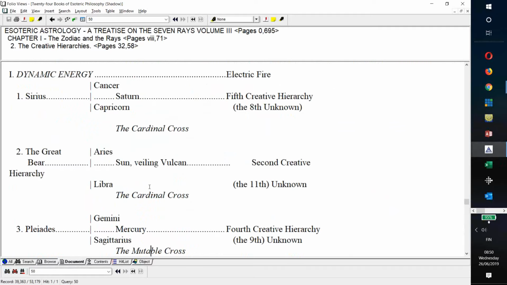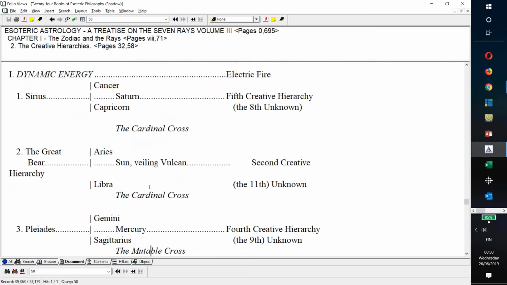Still, it shows you where the energies come from, and instead of a planet, it gives you a hierarchy through which they work. Sirius still works through Cancer, Capricorn, and Saturn. And the fifth creative hierarchy is invoked, and it's a very high hierarchy that is almost liberated onto the cosmic astral plane. The Great Bear still works through Aries and Libra, and here the sun is veiling Vulcan.